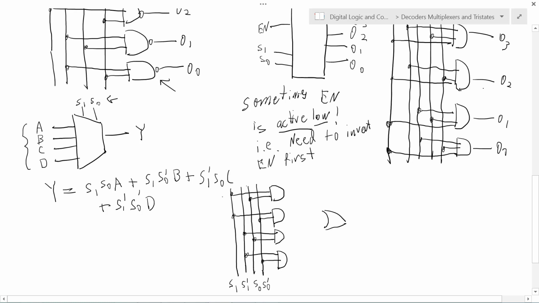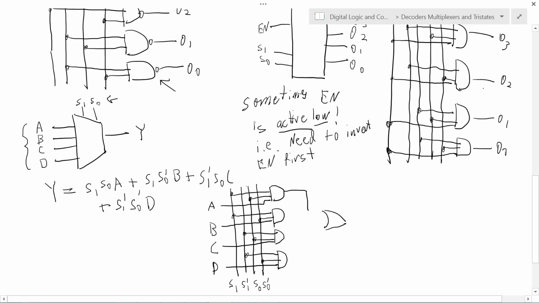And we also AND each of these with the respective input signal. So A, if we have input 1, 1, B, if we have input 1, 0, C, if we have input 0, 1, and D, if we have input 0, 0.